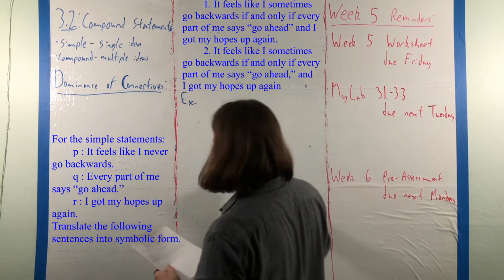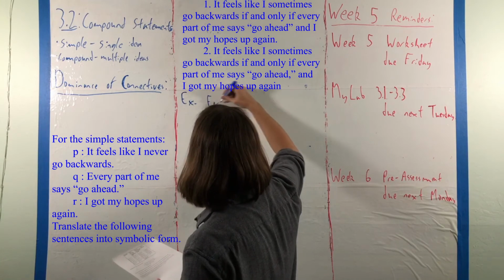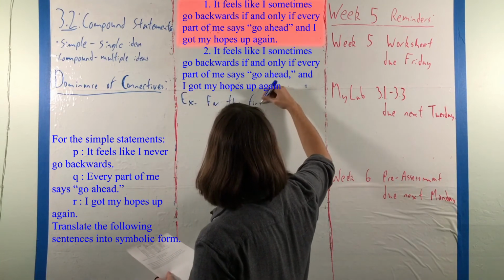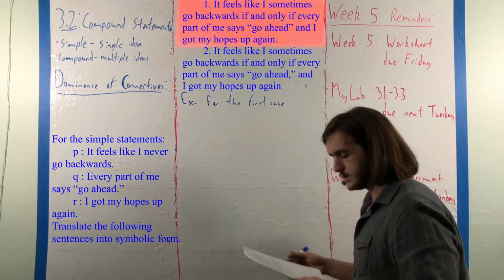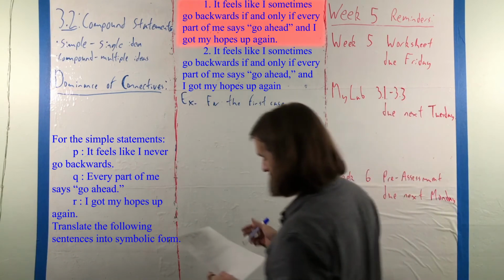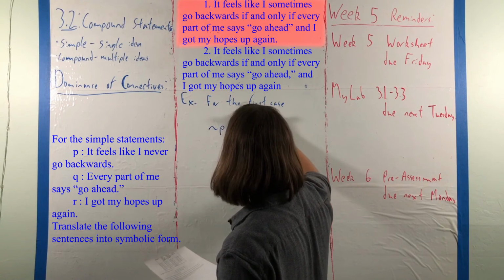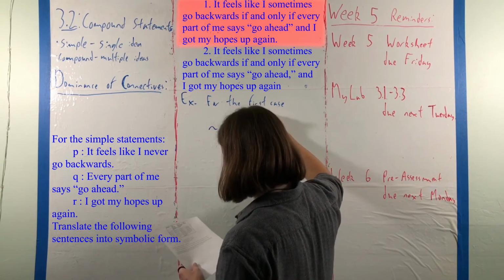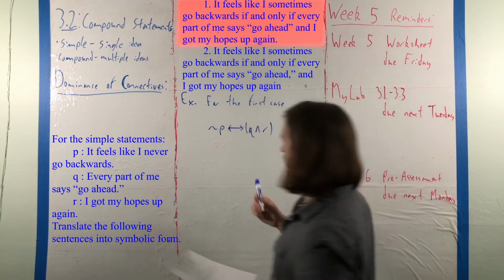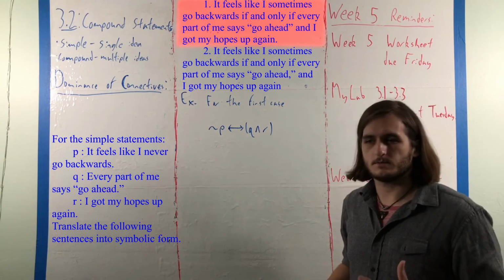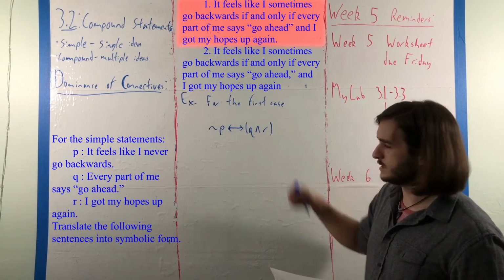So since we have the biconditional not separated by the comma in the first case, we don't have any real clarification, and the biconditional statement takes precedence, meaning we get not P if and only if Q and R. Or we stick those two together to just make it a little bit cleaner that those are the ones that we group together to fit into that pattern.